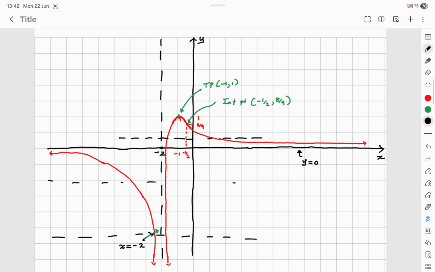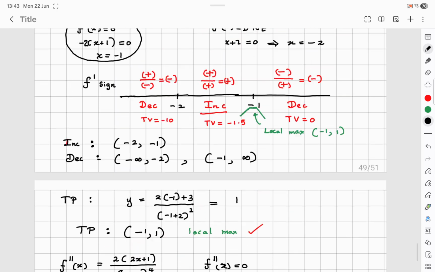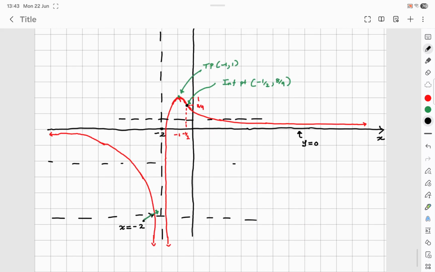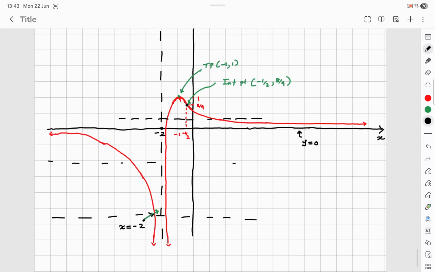From where? Here we want to find what? Smallest value of k. So where you will only have one intersection point for horizontal lines. For anything above that. Okay, so this is the point now. Look at this point. The inflection point.